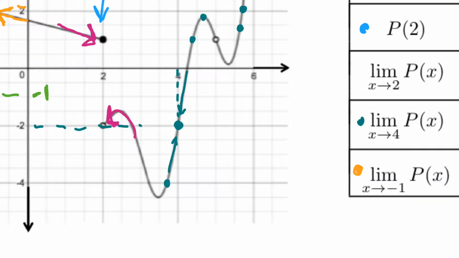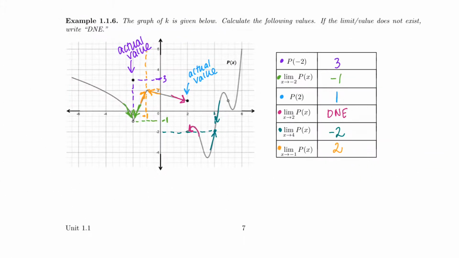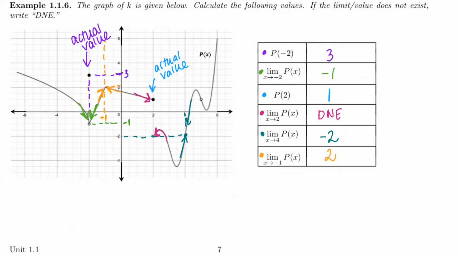So it's filled in right there, and you could say that that value is -2. Does that make sense? There you go. Other questions so far?